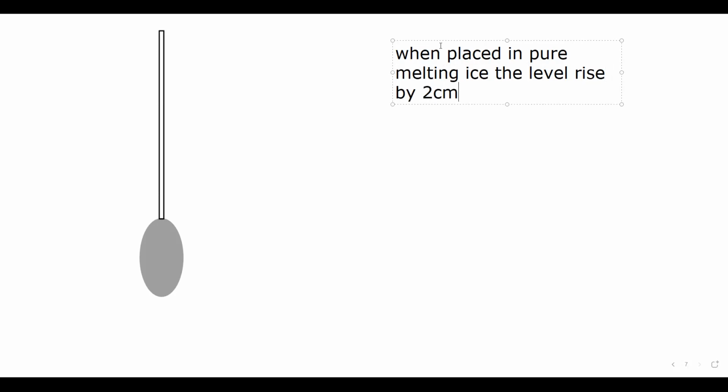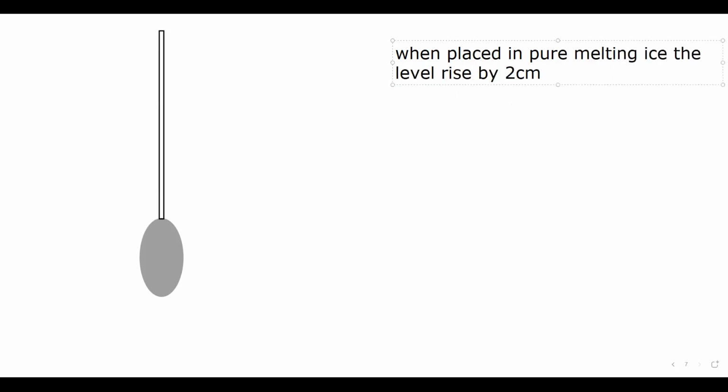So first, when we place this in pure melting ice, the level rises by 2 centimeter. The increase in the level of the liquid is 2 centimeters. So it means this is 0 degree, and the level changes by 2 centimeter.